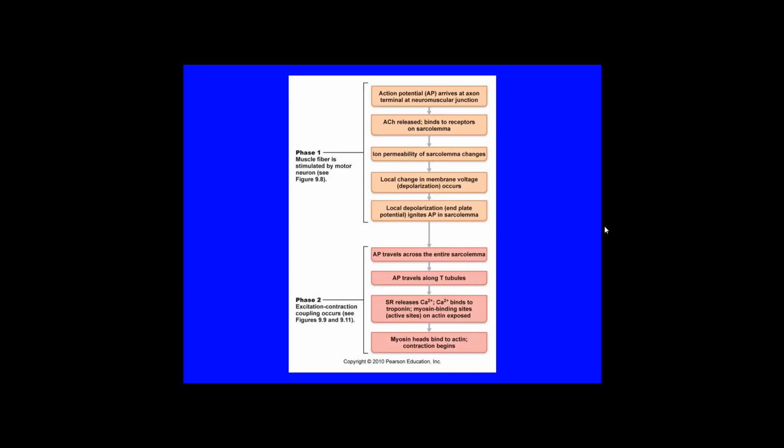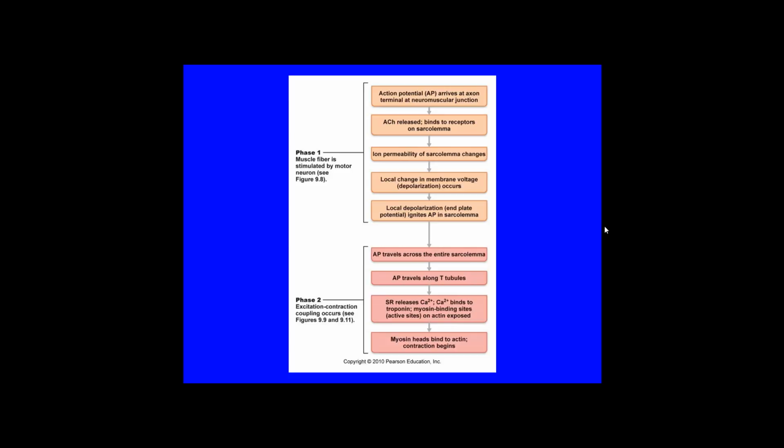Once you have local depolarizations and end plate potential, as it's referred to, this will travel outside the immediate area of the neuromuscular junction, initiate an action potential. This is where we move down into the next phase, the excitation contraction coupling. The AP, action potential, will travel across the entire sarcolemma, travels along the T tubules, acts on the sarcoplasmic reticulum on each side, initiates the release of calcium.